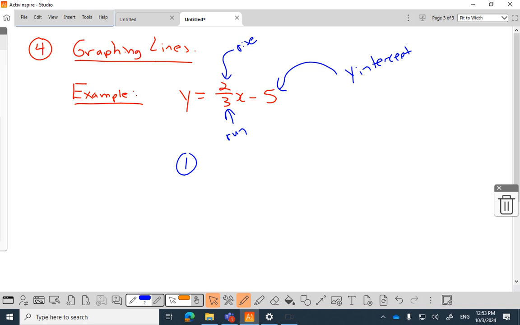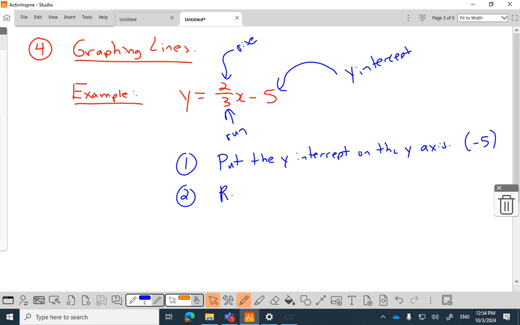Put the y-intercept on the y-axis. Here that number was negative 5, so we'd use negative 5 in this example.